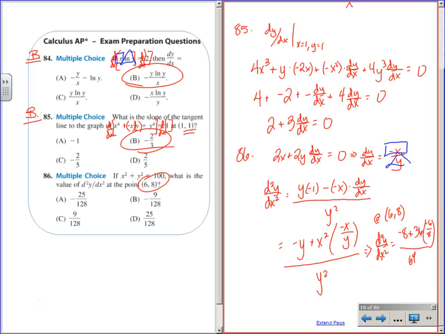That's 3/4, right? 3/4, and then 4 into 36 is 9, so 9 and 3 is 27. So I'd have negative 8 minus 27 all over 64.